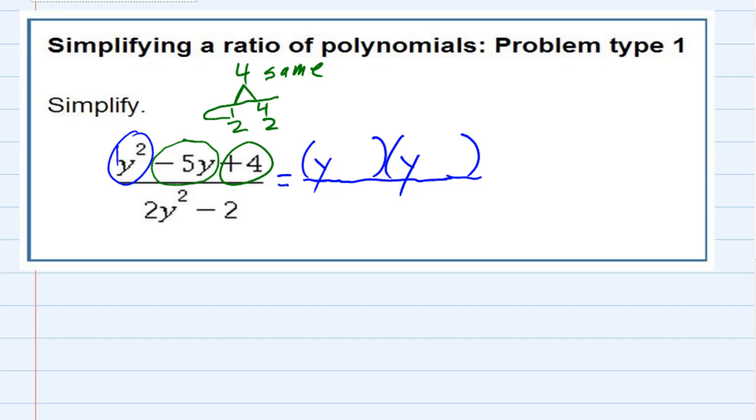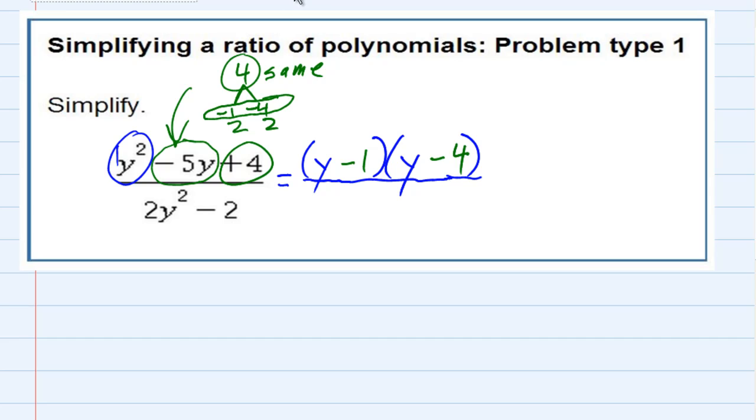So using the signs the same, I can use a -1 and a -4. They multiply to be a positive 4, but they add up to -5. So since I found the combination, I'm just going to put those in, -1, -4.